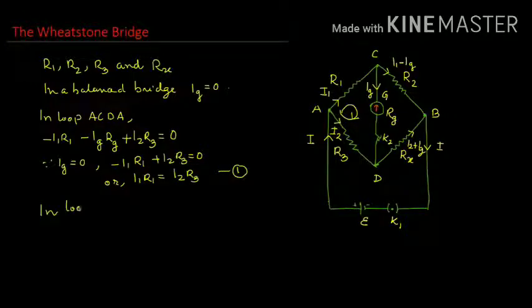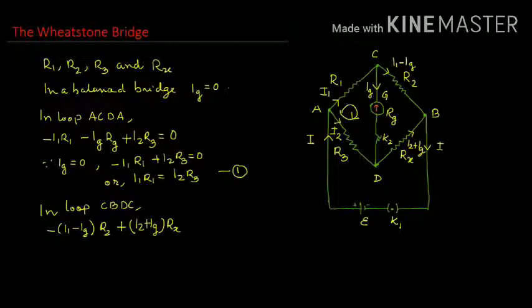Then in loop CBDC, we start from C, then go clockwise, C to B, B to D, then D to C. So according to the loop rule, the product (I1 minus Ig) into R2 is taken to be negative, minus (I1 minus Ig) into R2. Then B to D, opposite to the direction of current, I2 Rx, because we go B to D opposite to the direction of current, so this is positive.